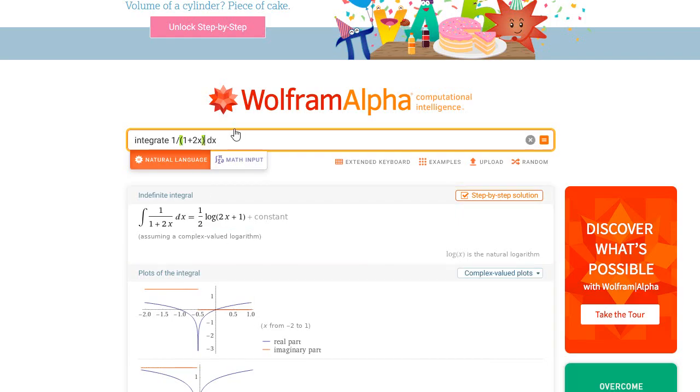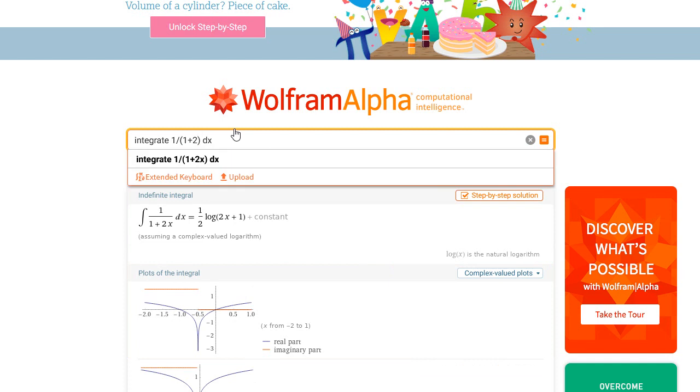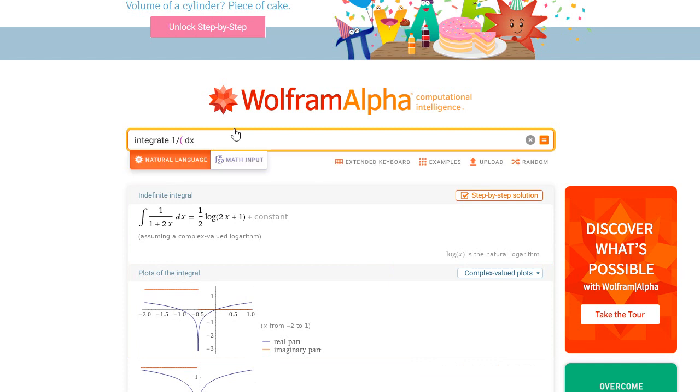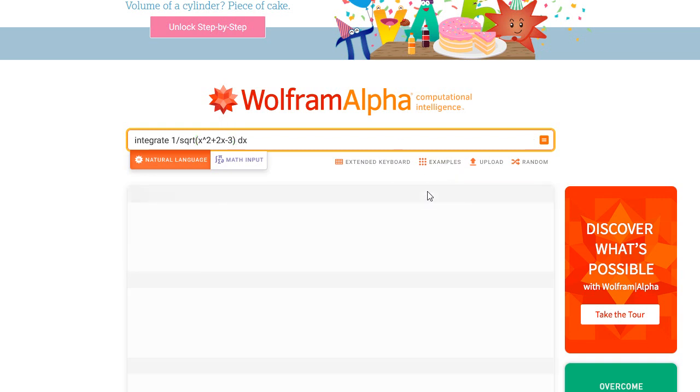I want to erase that 1 plus 2x. And then square root, you type sqrt for square root, and then in parentheses I want x squared. So I'm going to use a caret for the exponent, plus 2x minus 3, and close up my parentheses and hit enter.